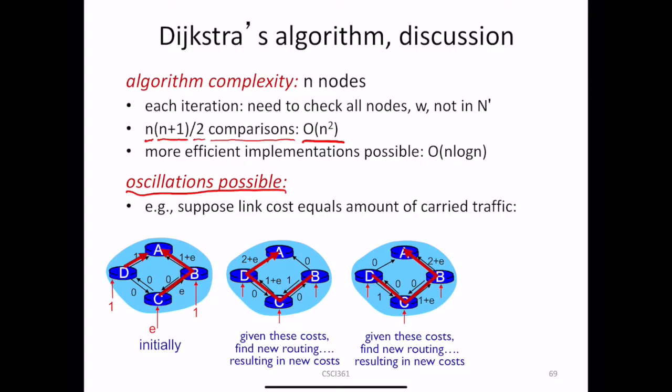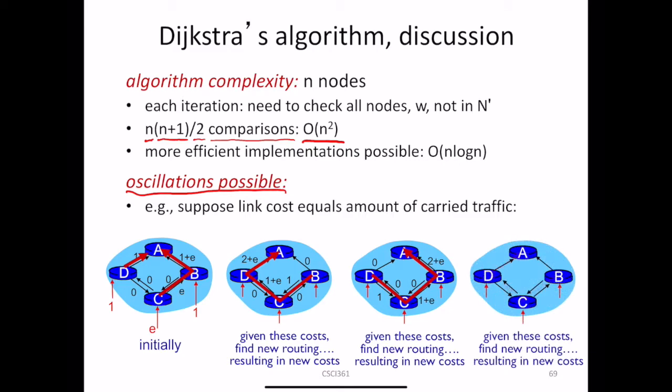Then the situation will become like this. Right now, the cost for BA will become 2 plus e, and DA will become 0. Then they will change the direction again back to clockwise. So if we use Dijkstra's algorithm, we will face this kind of problem.